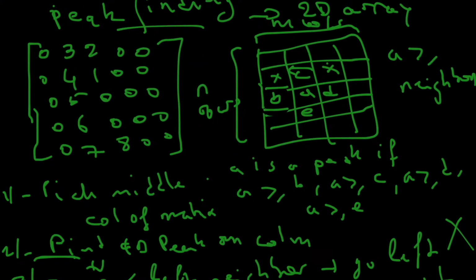Okay, what does recurse mean? If we take this column, which is the middle column, and apply the algorithm to it, we would find the max at this last position here, so 8, and 8 is bigger than 7 and bigger than 0. So this is a bad example. So let's say we change this to be 5.